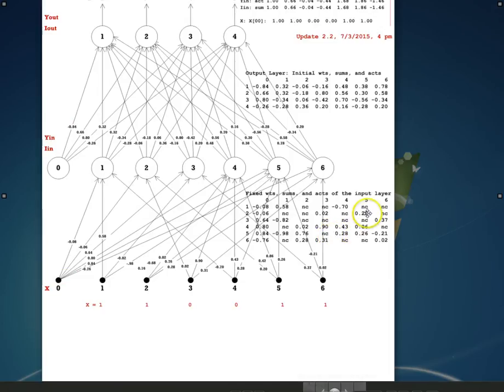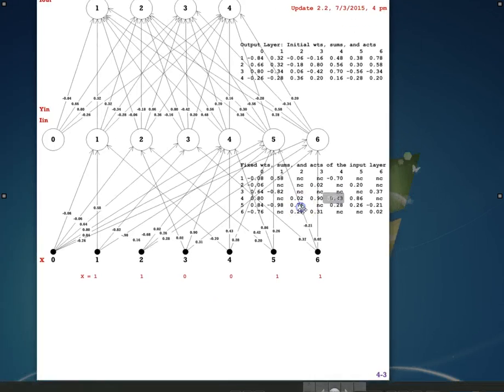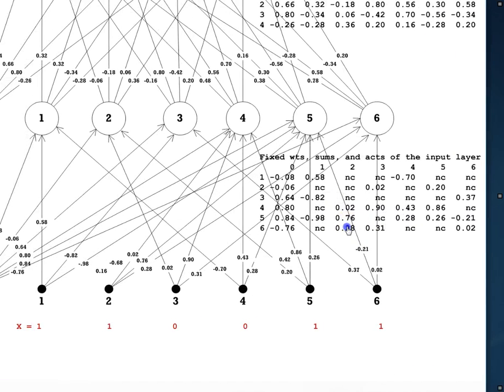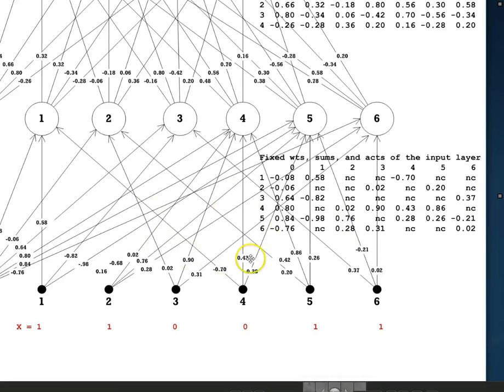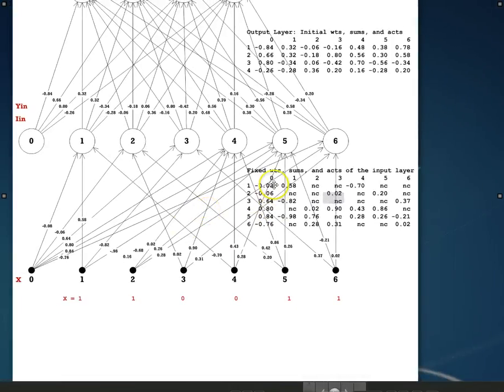Another thing you have is that some of these entries in the network are indicated as NC. That indicates no connection. Remember, because these are all randomized connections, some of them are connected and some of them are not. For example, if you look at the 0th element, which is the bias, it is connected to 1, 2, 3, 4, 5, and 6, and therefore you have all the weights.